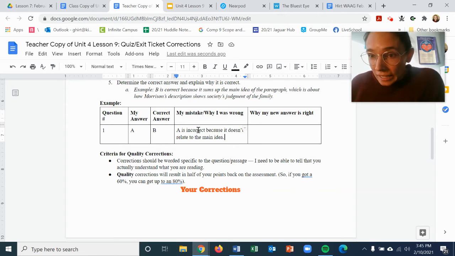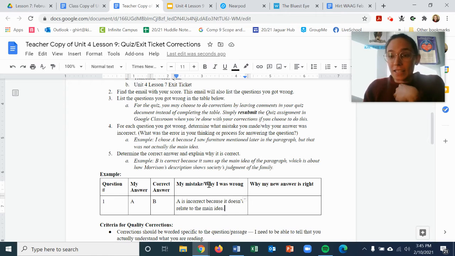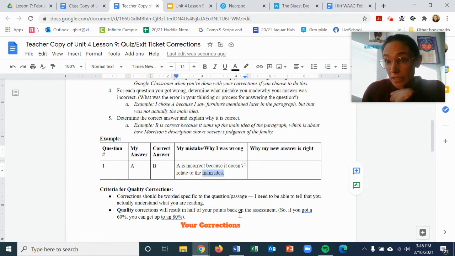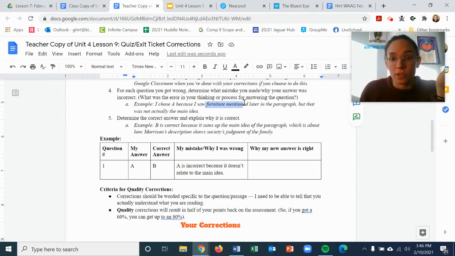If you said I, as the teacher, would have no idea what you think the main idea is, then you're correct, right? So in your answer, you need to use language that is specific to this actual question. If your answer was about the furniture, I should see the word furniture in your correction.